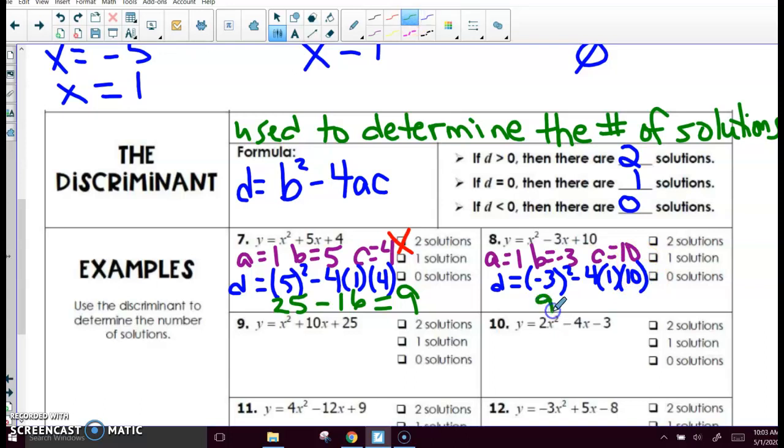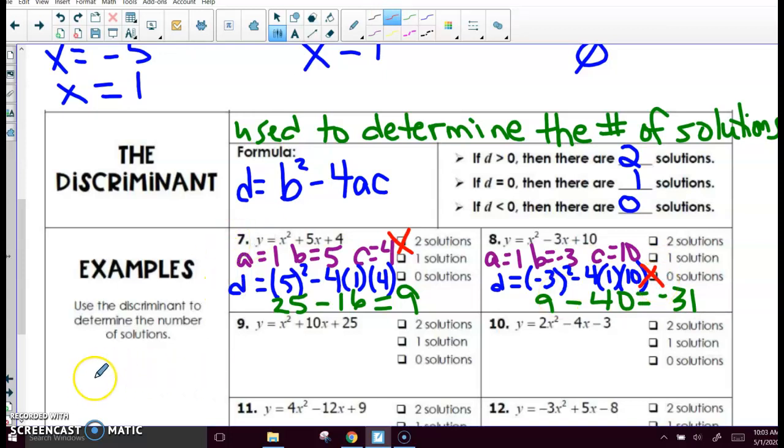Negative 3 squared is 9. 4 times 1 times 10 is 40. Well, when I take 9, subtract 40, that definitely isn't going to give me a positive number, so I know it's negative. It happens to be negative 31, which means there are 0 solutions.